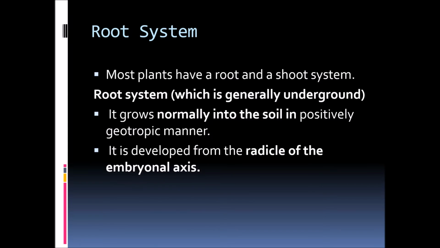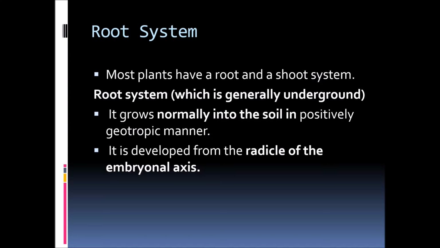Next is the root system. Most of the plants have a root and a shoot system. Only then can the plant function properly. The root system is generally underground and it grows into the soil in a positively geotropic manner, that is, towards the direction of gravitation the root grows.